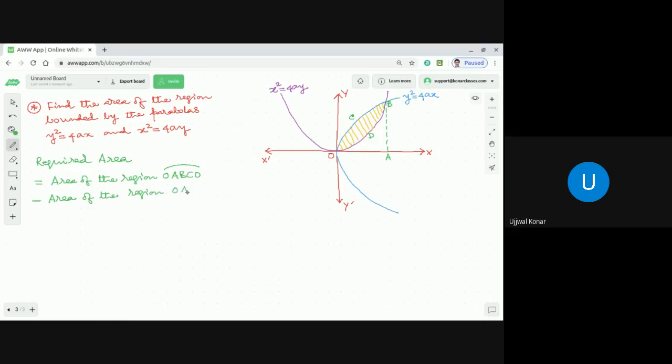All of you agree with me, dear students? Now the point is how to find the area of the region OABCO.